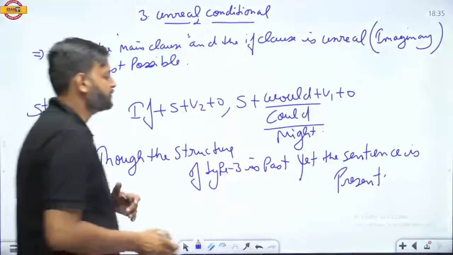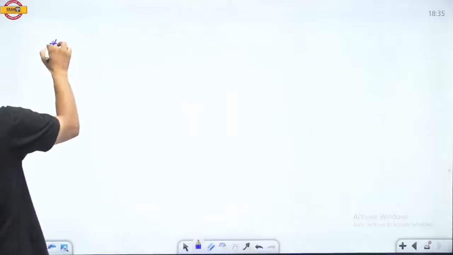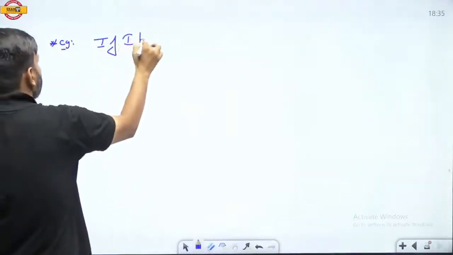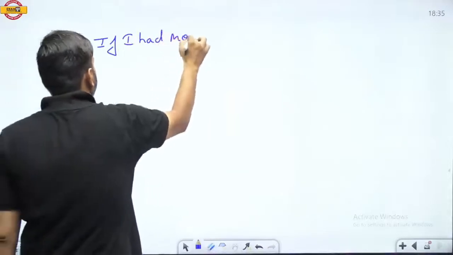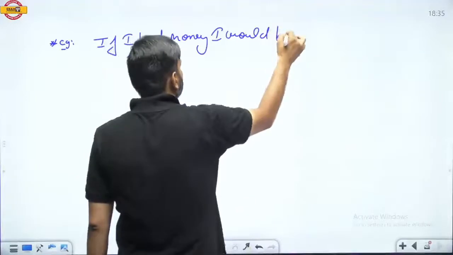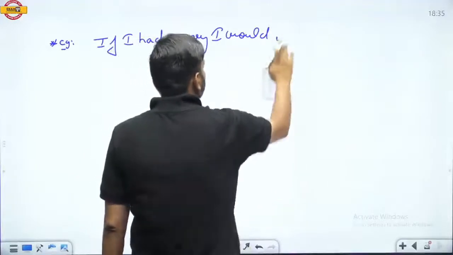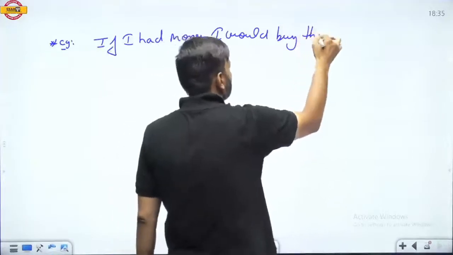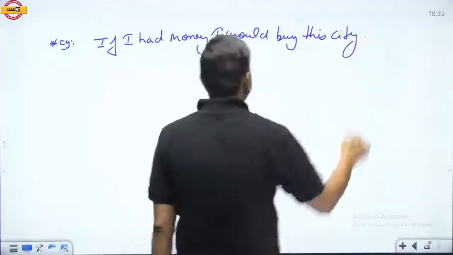Now see some examples. If I had money, I would buy this city.